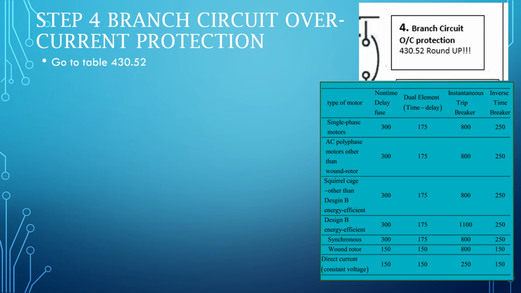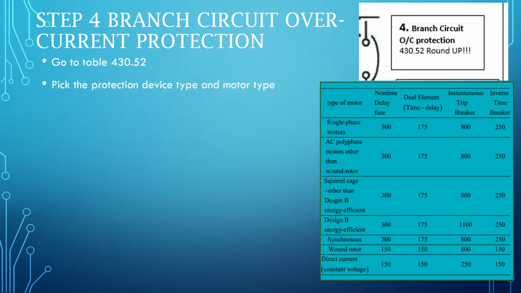If we get a dead short, it's going to instantaneously trip. That is a huge amount over 800%. It's going to trip immediately, and so we're still protected, even though it feels a little bit wrong to be putting that large of a breaker. I just know that it is in the code book. This is the way that this will be done.